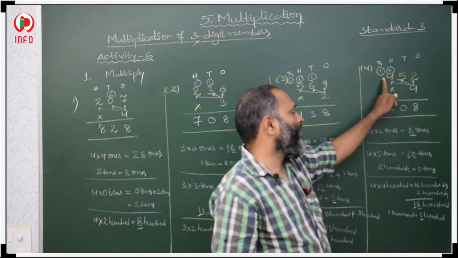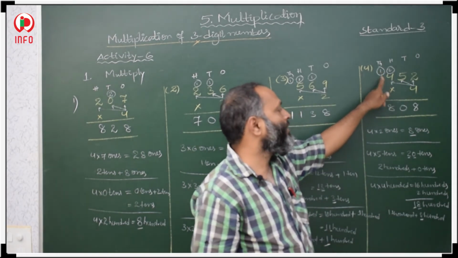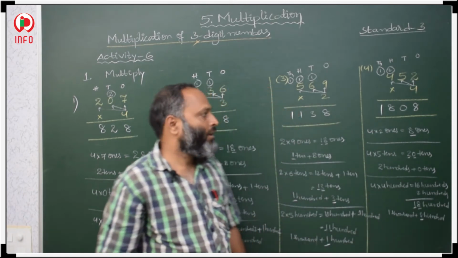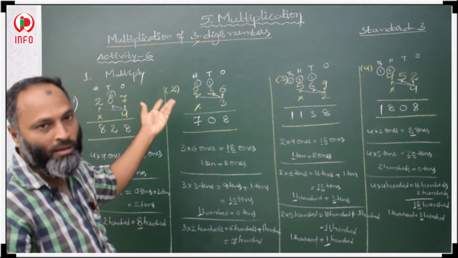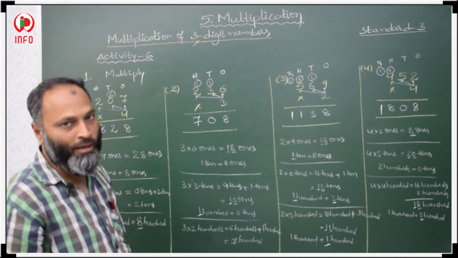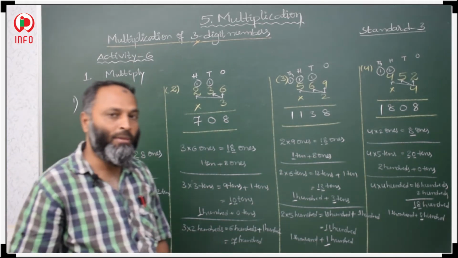After that, there is no thousands place, only till hundreds place we have, so this one we keep as it is. This is our product. In this way we have to do our multiplication using regrouping. So, a 3-digit number multiplied with a single digit number.